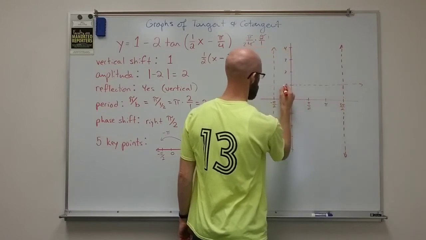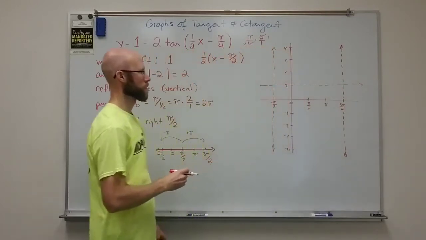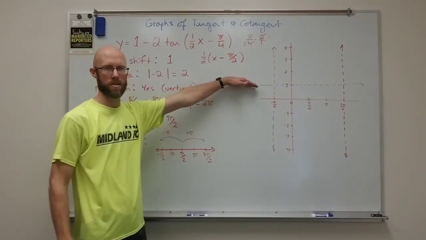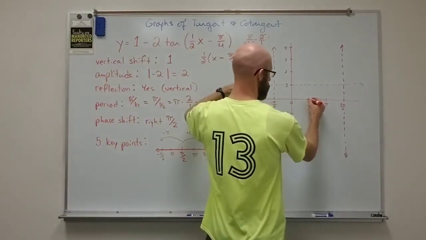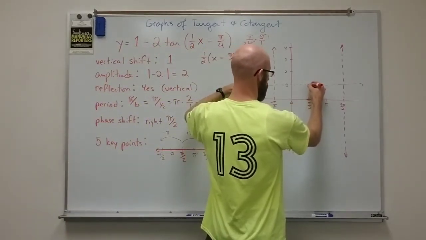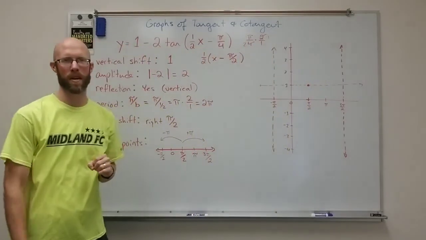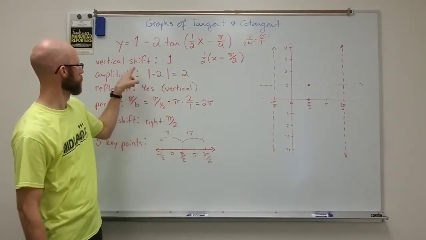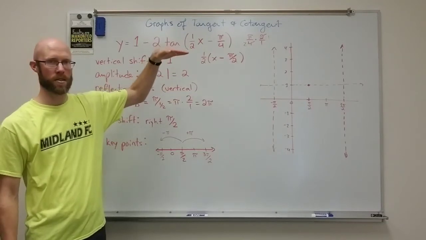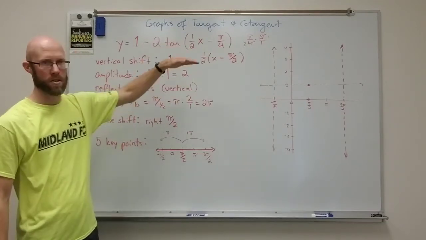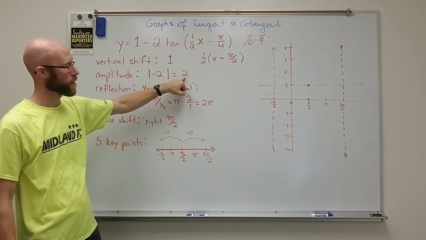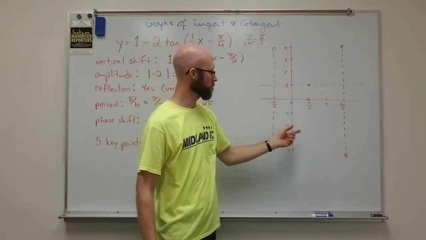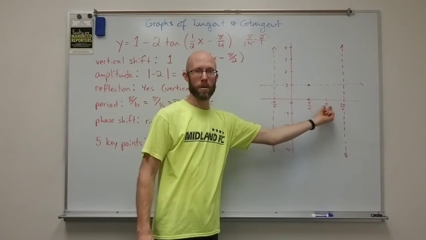So I'm going to sketch just a little horizontal line there. That's really the axis, the midway axis of our graph. So I want my intercept instead to be sort of an axis intercept, kind of interesting. So the vertical shift applies to the x-axis, or the x-intercept, I should say. Our amplitude from there is 2.